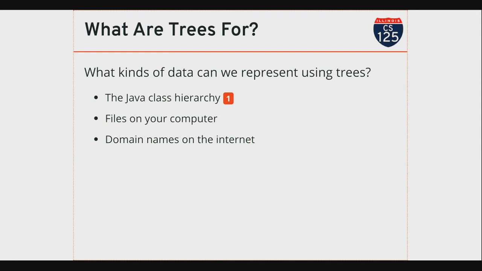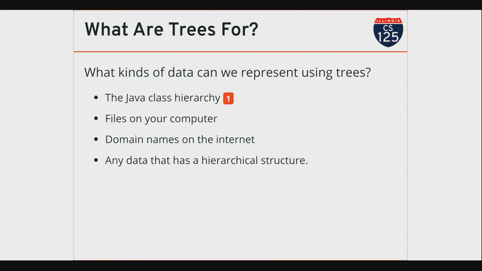So the structure here represents how the domain names are managed. And, you know, we find a lot of data in the world that has this sort of hierarchical structure, right? Because the hierarchical structure in Java allows me to inherit and determine what a class does, what properties it has.